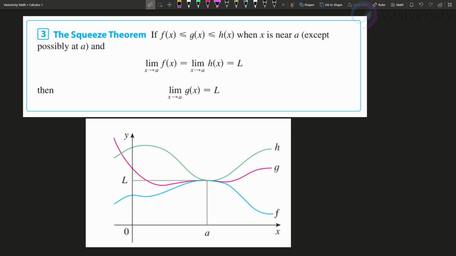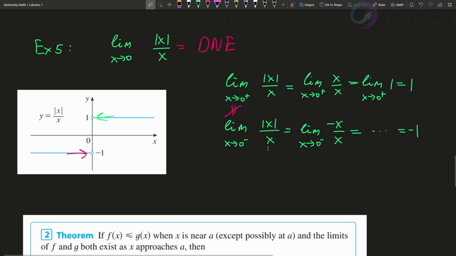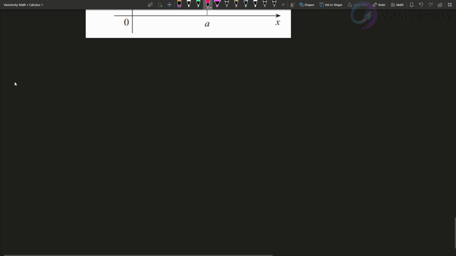Okay, so an example for this theorem. Example 7 here. We're going to have the limit as x approaches 0 of x squared times sine of 1 over x.